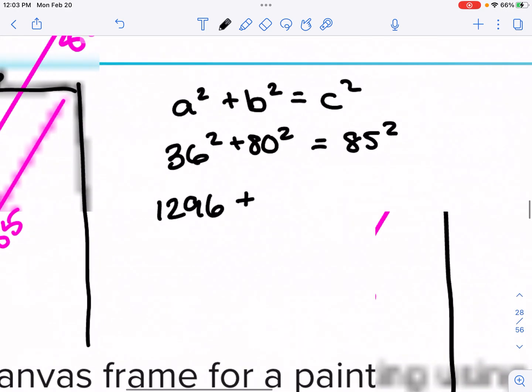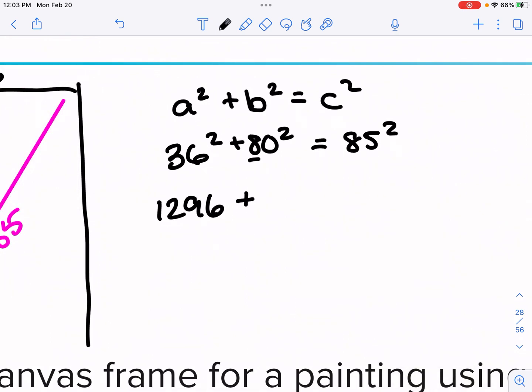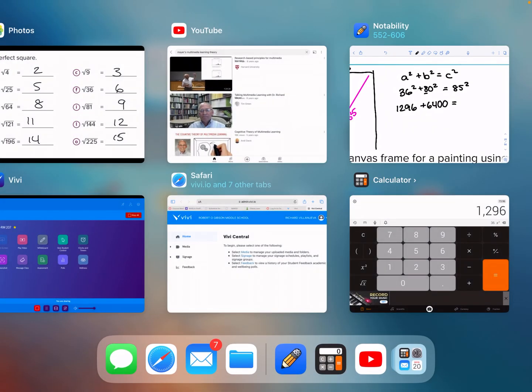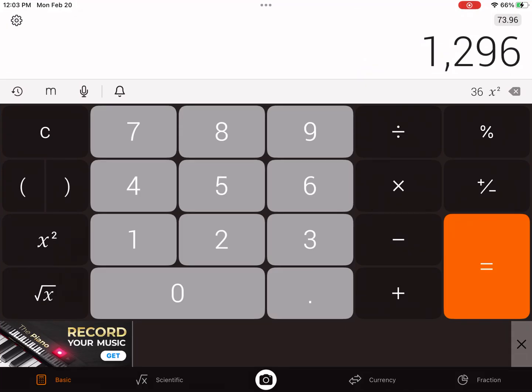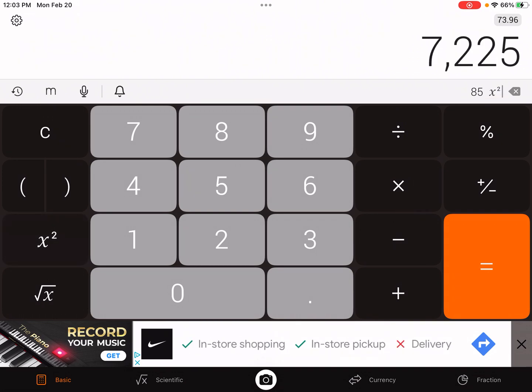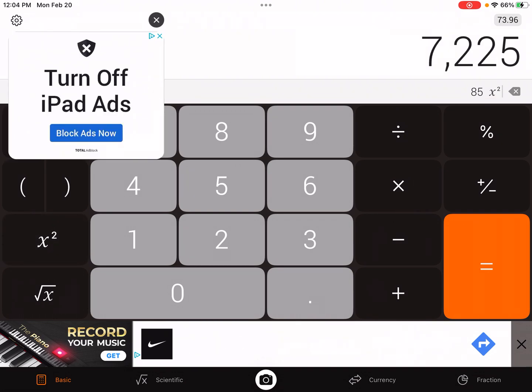I'm going to put 8 squared, which is 64, and I'm going to put 2 zeros because of the square. 85 squared is 7,225.